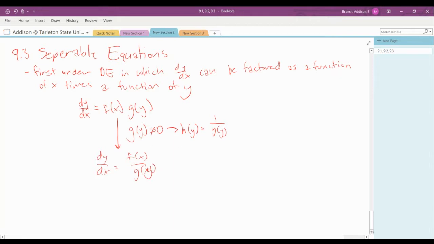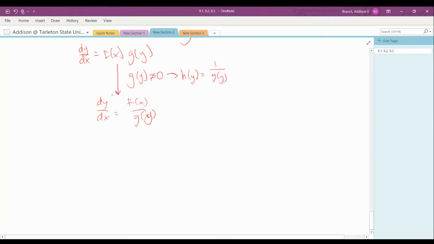Now, if we have this format, we can rearrange this. Oh wait, this is h of y right here. Let me just rewrite that: f of x over h of y.